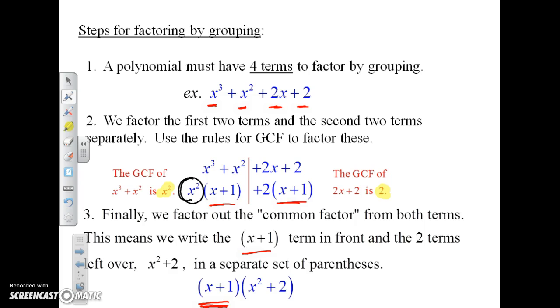The factor you pulled out in the first set is the x squared. The factor you pulled out using the GCF method in the second set is 2. So that's where you're going to get those, and that is your second part of the parentheses. And that is how you complete a problem factoring a polynomial that is 4 terms using the grouping method.